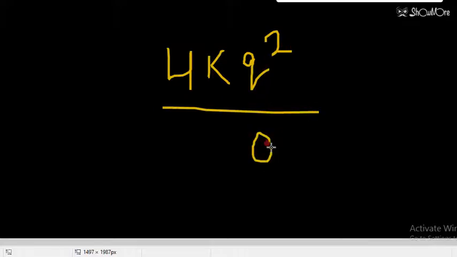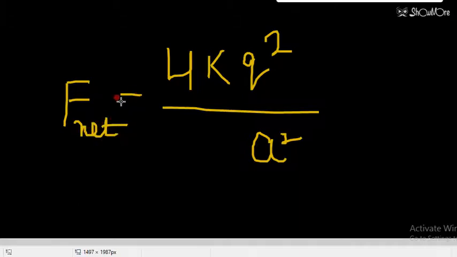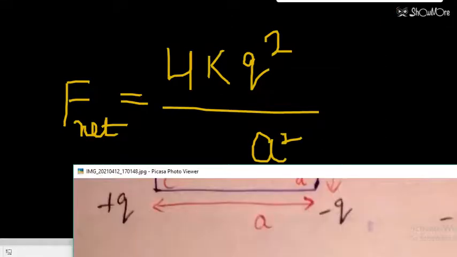This is the net force which is experienced by the central charge for the first case, for the A case.